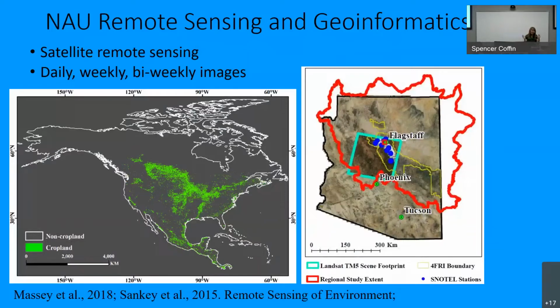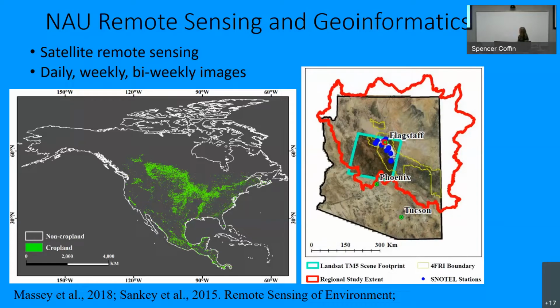Also, before I get started talking about UAVs, I just wanted to take a second and acknowledge that about half of what I do and half of what NAU Remote Sensing Lab does is focused on satellite images. Many of you probably do use satellite data, but I wanted to just start off by saying there is all different types of satellite images freely available to the public at daily, weekly, bi-weekly time intervals.